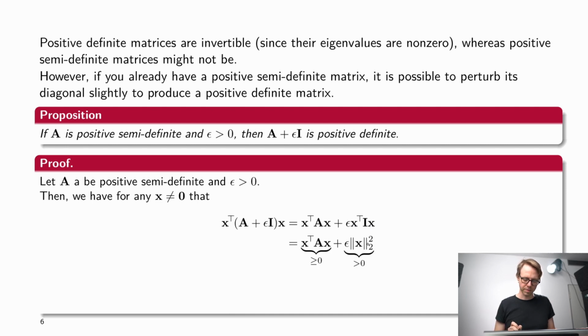The second term is nothing different than the inner product of x with itself, so it's the squared L2 norm times epsilon.